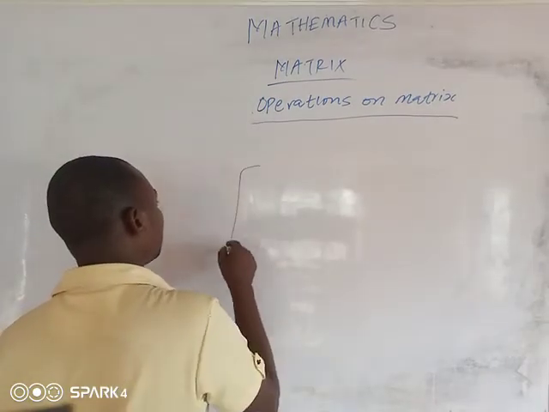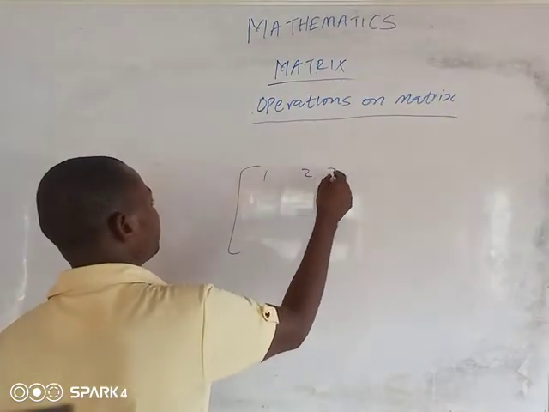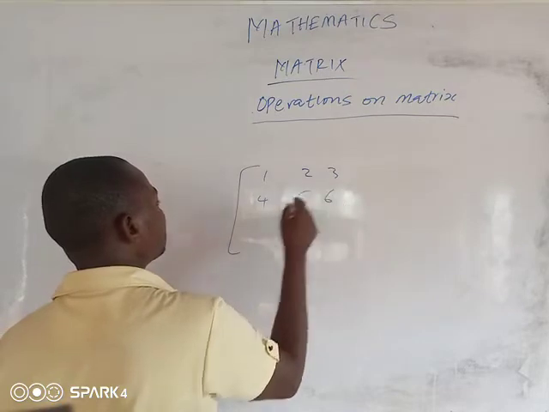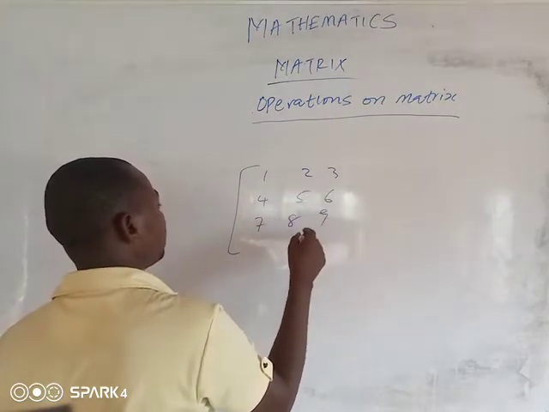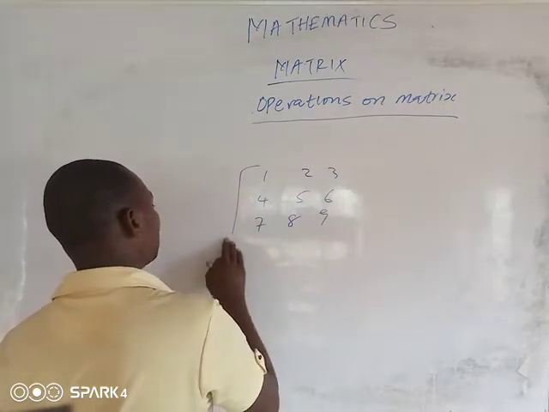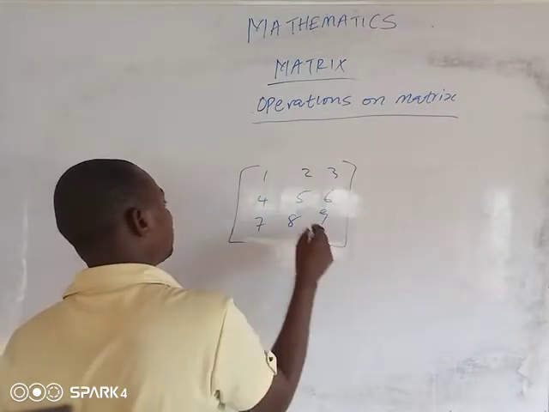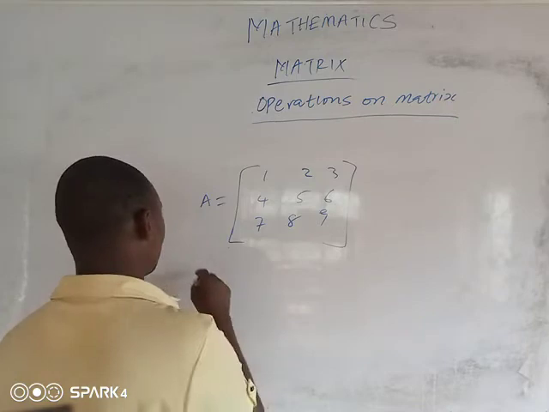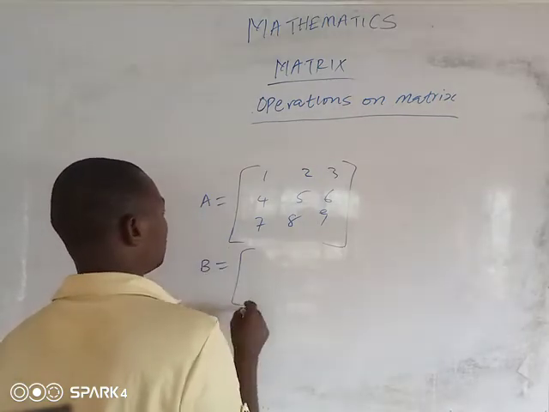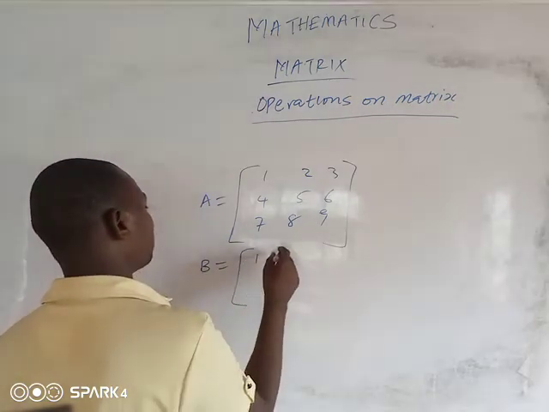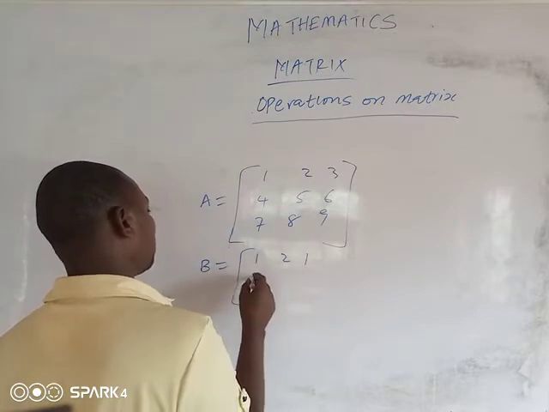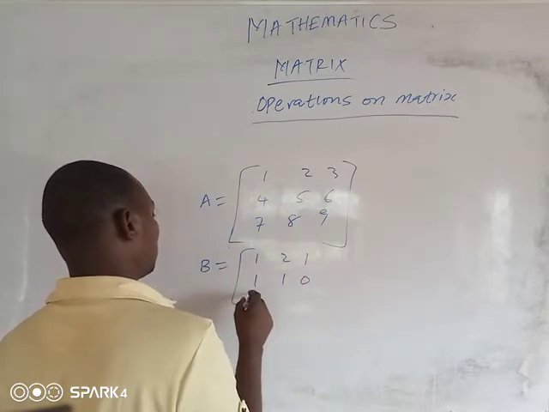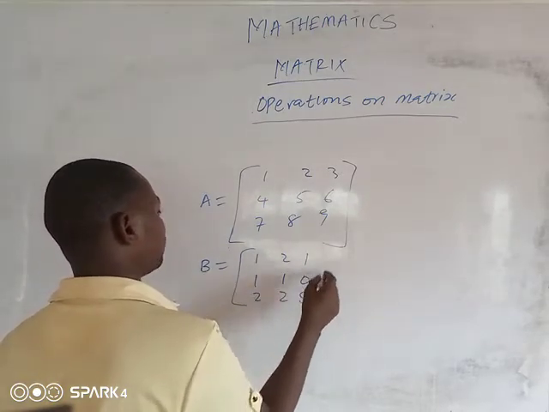Let's assume you have 1, 2, 3, 4, 5, 6, 7, 8, 9. Okay, so this is matrix A. And this is matrix B. So we have maybe 1, 2, 1, 1, 1, 0, 2, 2, 5.